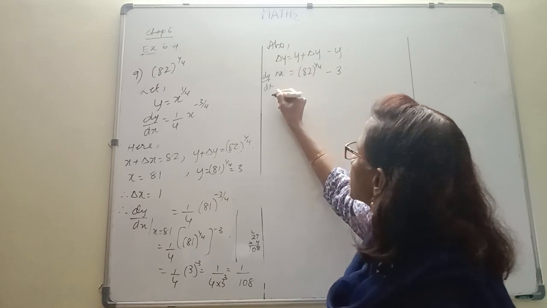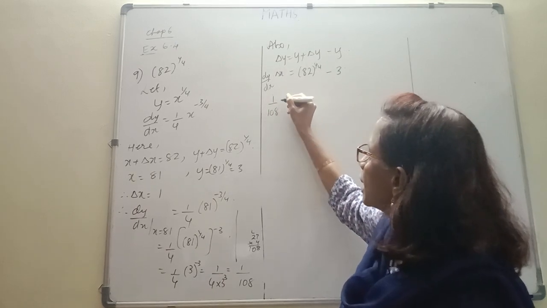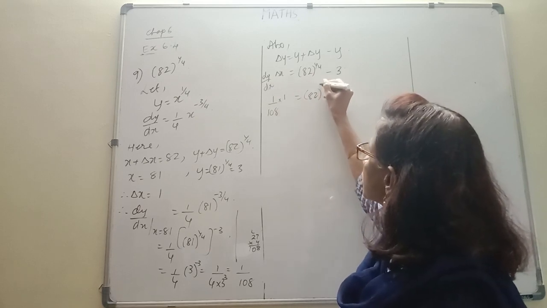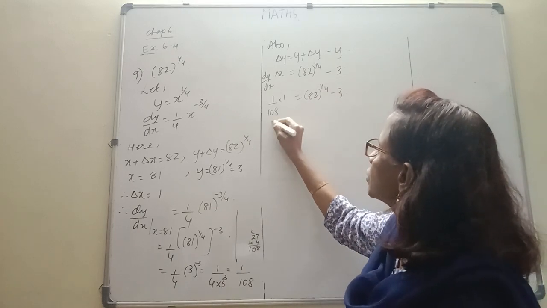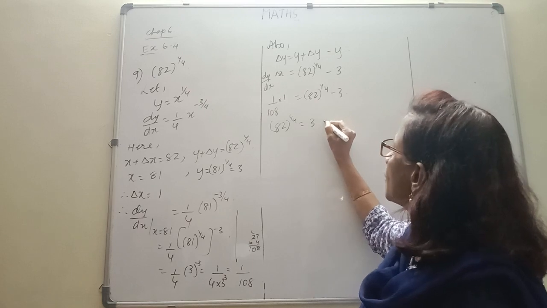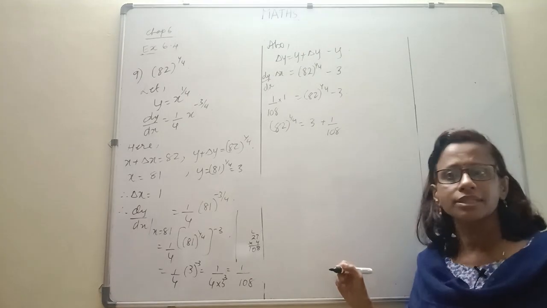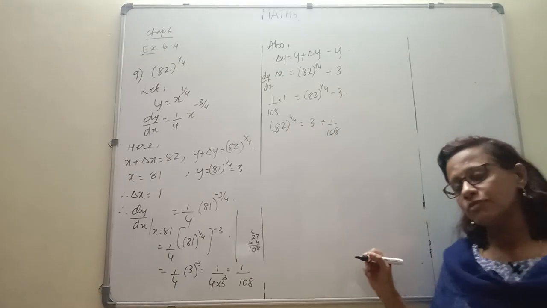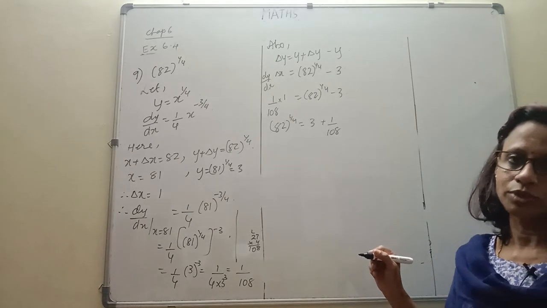Substituting, dy by dx is 1 by 108, and delta x is 1 for us, luckily. So 82 raised to 1 by 4 minus 3 is 1 by 108, and 3 goes to the other side: 82 raised to 1 by 4 is 3 plus 1 by 108. Now, either you equalize and divide, or you find the decimal for 1 by 108. It's totally on one's own convenience.